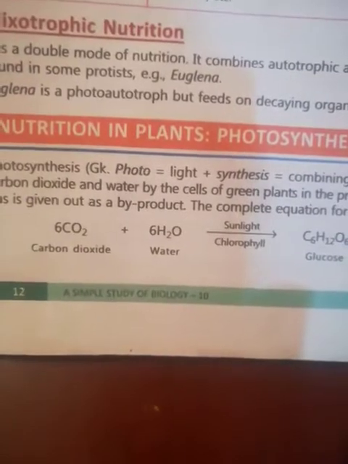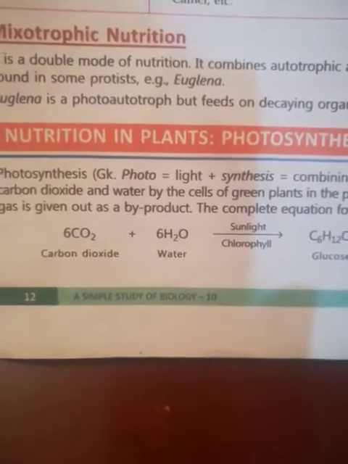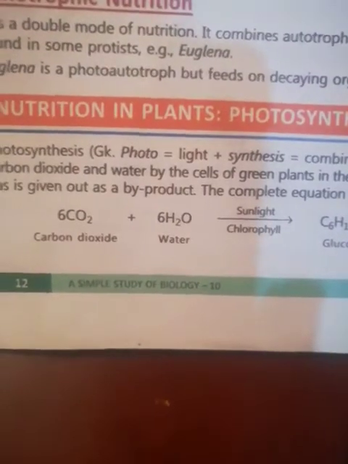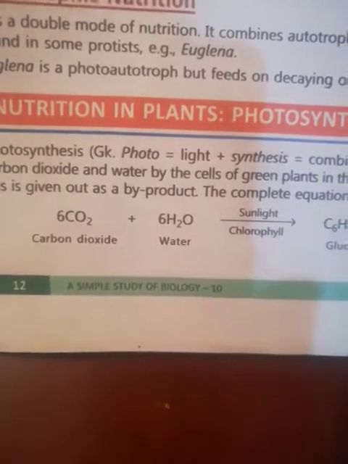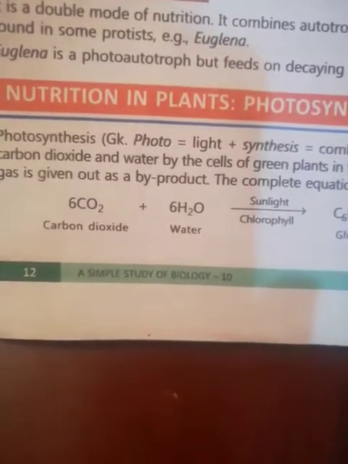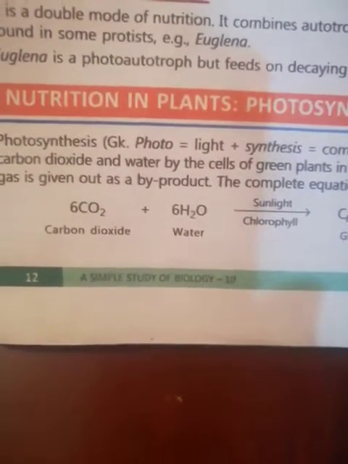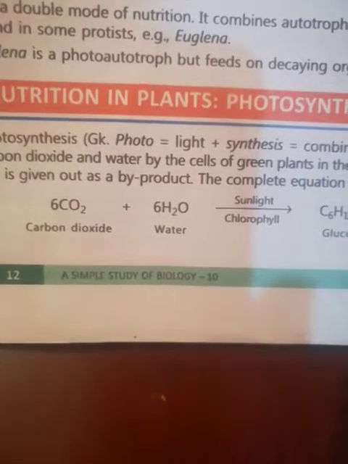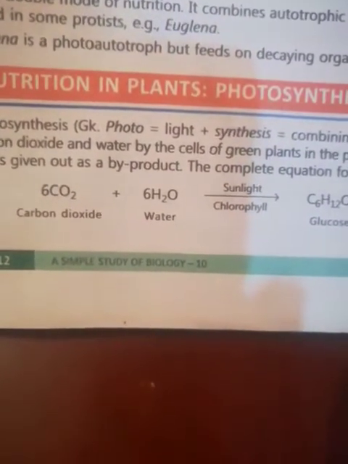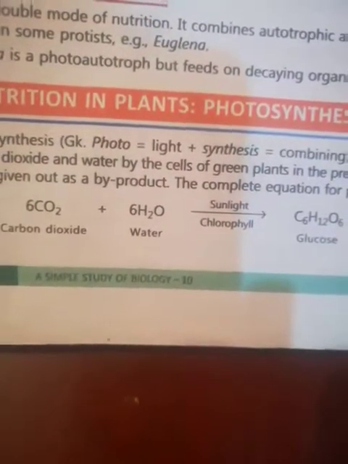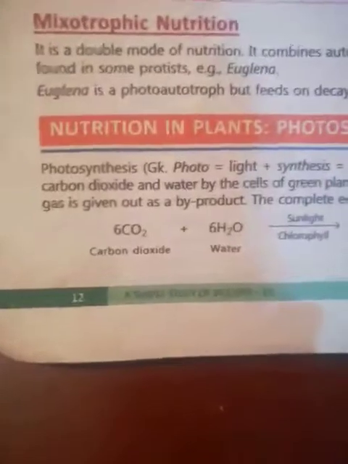With the help of this assimilatory power, they prepare their own food by combining CO2 and H2O in presence of sunlight and chlorophyll and make simple sugar, that is glucose. This is photosynthesis. Let us see here.